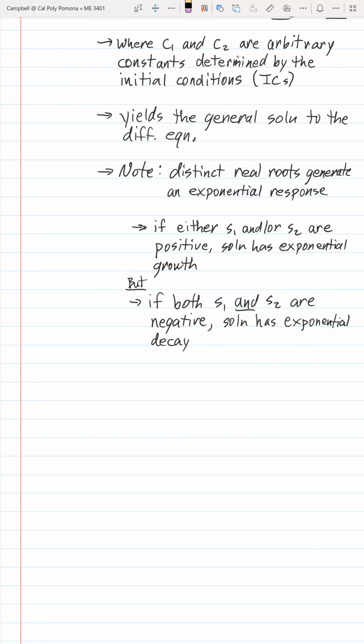So the real components either have to be zero or they have to be negative in order for us to have what we would consider a stable system, based on how I've described a stable system just now, where we have a bounded output for a bounded input.